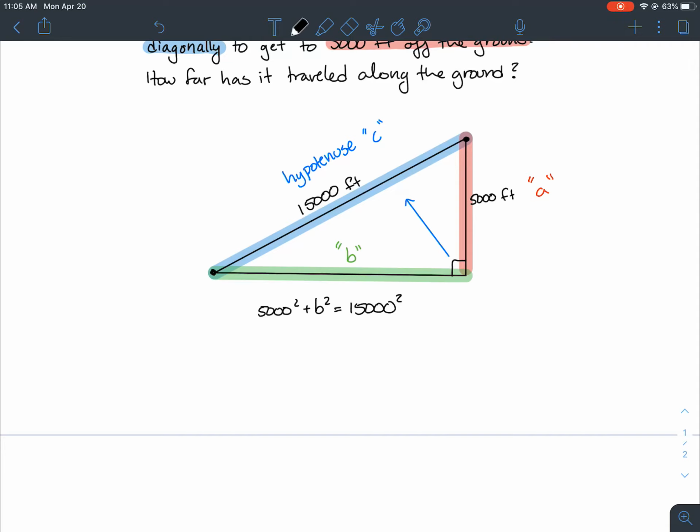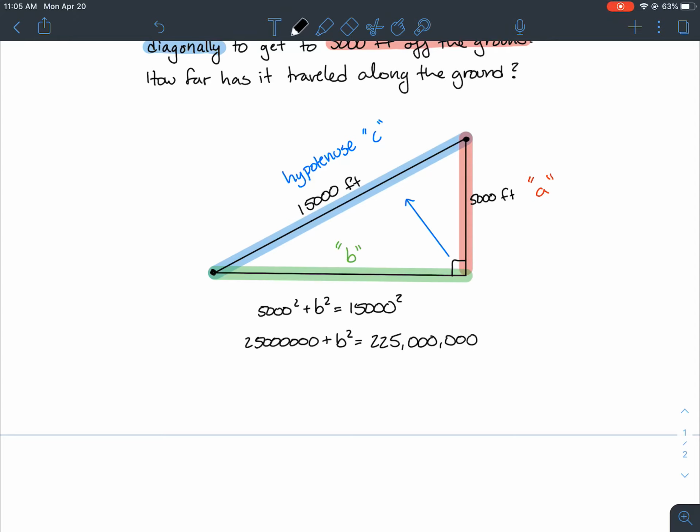So 5,000 squared is a big number. It's going to be 25 million plus b squared equals 15,000 squared, which is another big number. It's 225 million.